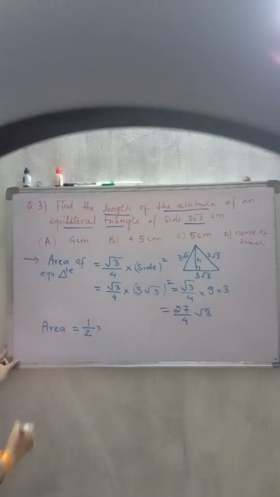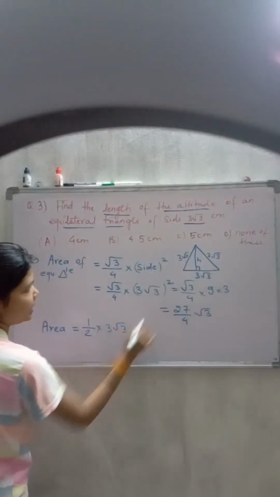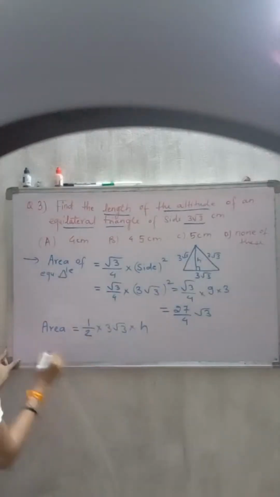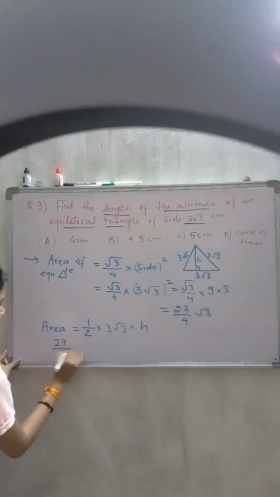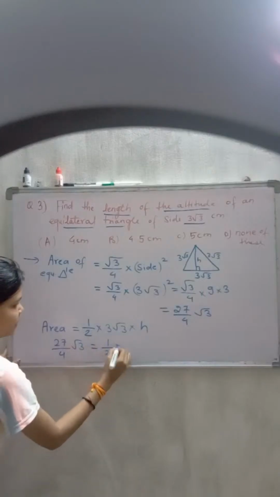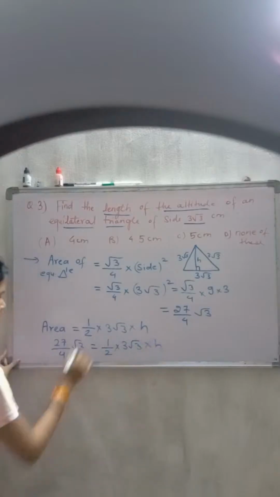into base into height. Base will be 3 root 3 and height, the altitude h, we want. Area, we have the value of area as 27 by 4 root 3 equal to half into 3 root 3 into h.